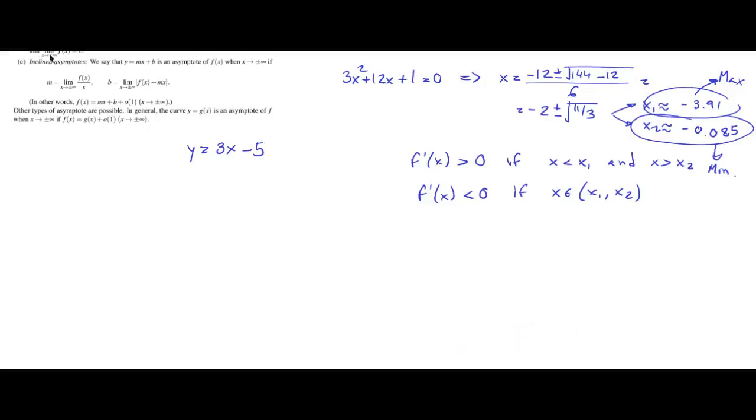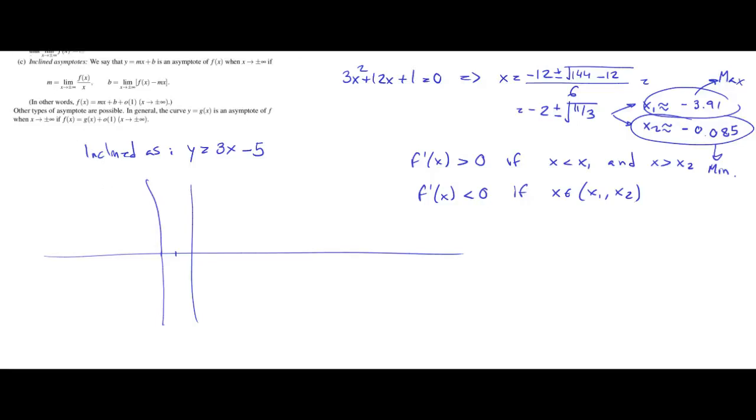So now we have that. This is an inclined asymptote. Let me see if I can plot this thing. Okay, so let's see. We have that there's a vertical asymptote at -2, right? We know that the limit when you go to -2 from the right is plus infinity, minus infinity here.